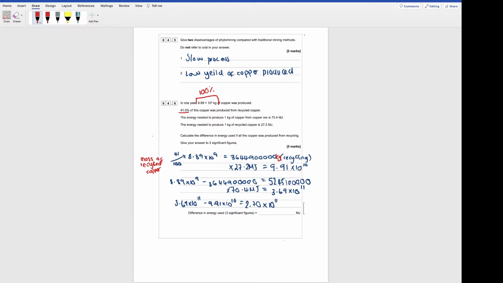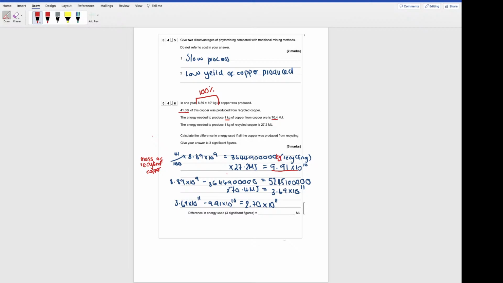Now I can't work out this value here, my energy value, unless I know how many kilograms I have. Because for each kilogram, it uses a certain amount of energy. So I need to know the kilograms of the copper ore, the kilograms of the recycled copper, and then I can work out the total energy for each.